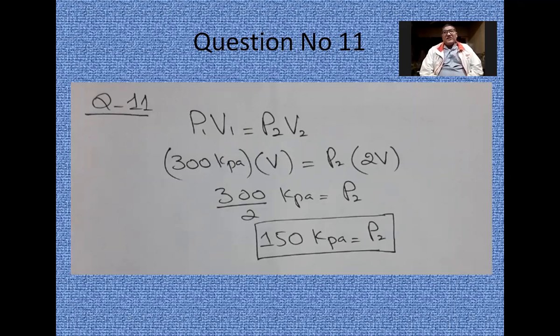Its volume, suppose, was V. Then they double the volume and make it 2V. So what will be the new pressure? P2 is the question. So P2 will be equal to 300 kilopascal divided by 2, and that will be 150 kilopascal. It means that the pressure of the gas will be 150 kilopascal.